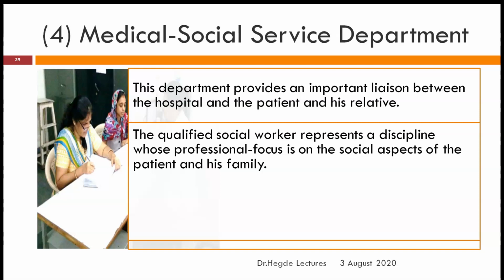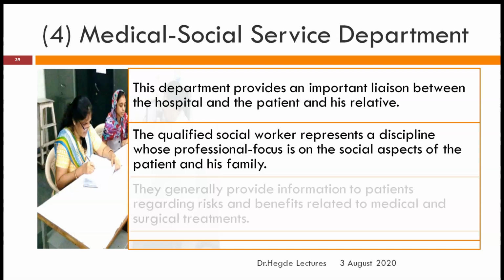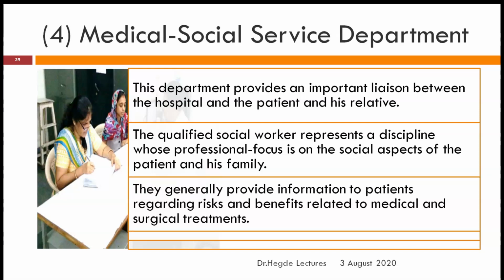These qualified social workers represent a discipline whose professional focus is on the social aspects of the patient and his family. They provide information to the patients regarding the risks and benefits, and they relate it to the medical or surgical treatments. What are the risks associated and what are the benefits which are associated.